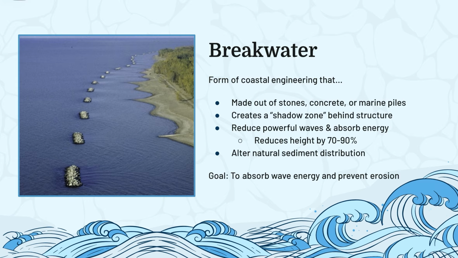As you can see behind each of these little concrete or stone piles, the coast kind of juts out a little bit, and the places in between the two stone piles, the coast recedes, because the whole point of the breakwater is to stop the waves from having strong enough energy to remove or eat away at the sediment.